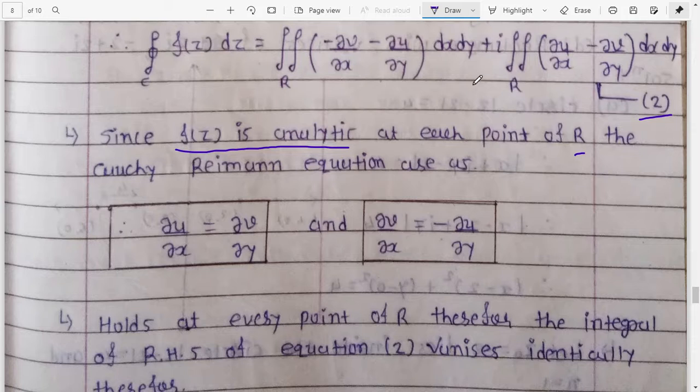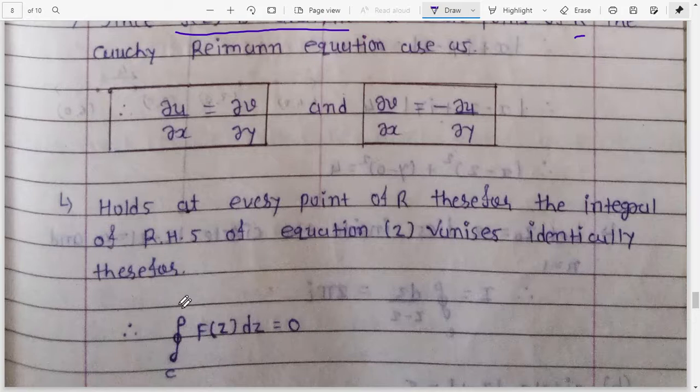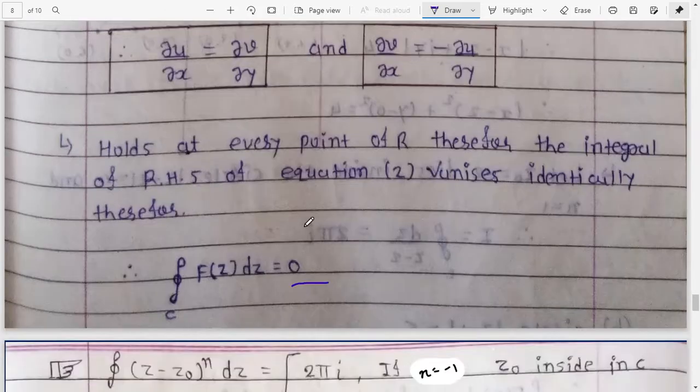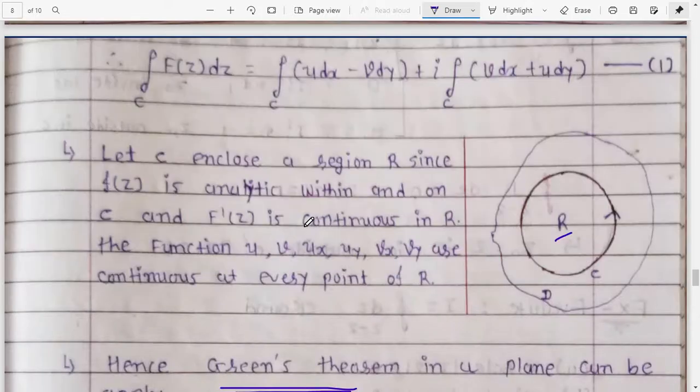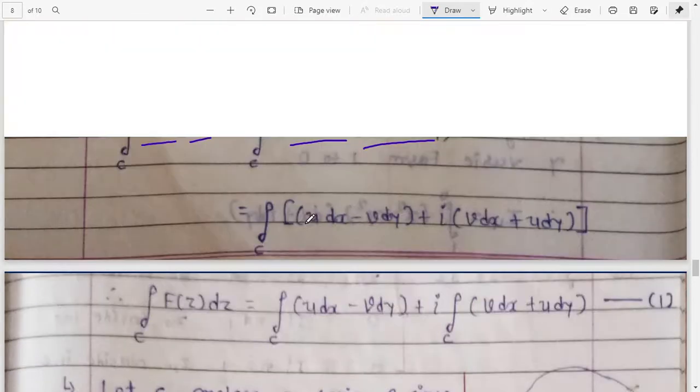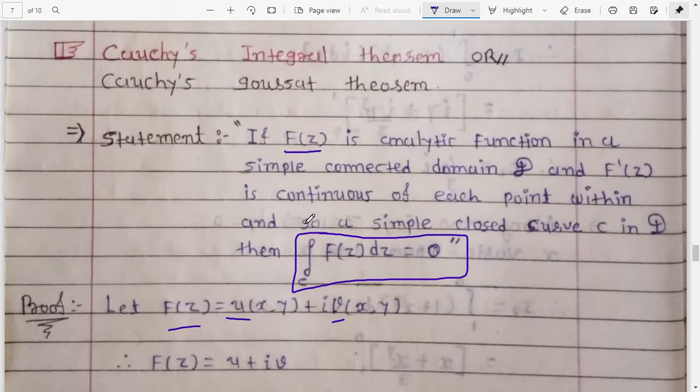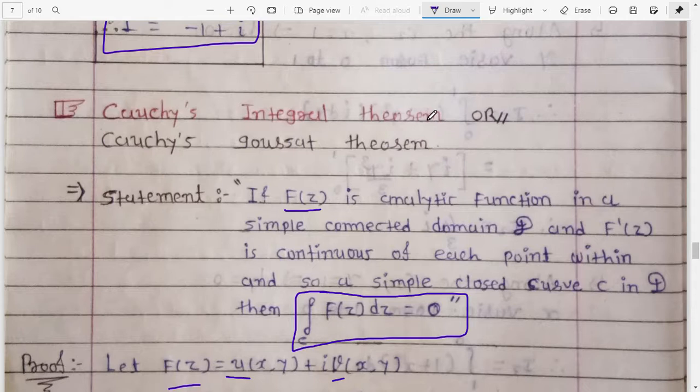Applying this in equation 2, we get integration over closed curve C f of z dz is equal to 0. This completes the proof of the Cauchy integral theorem, or Cauchy-Goursat theorem.